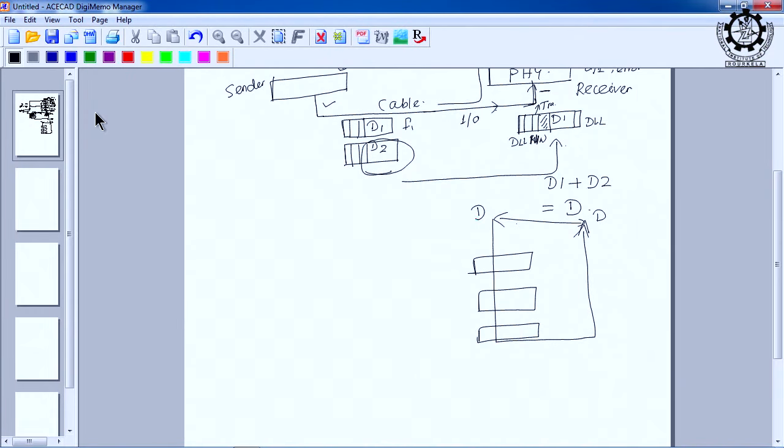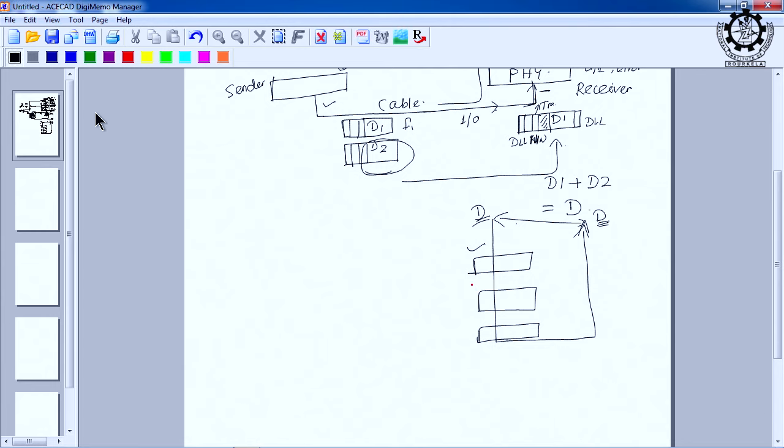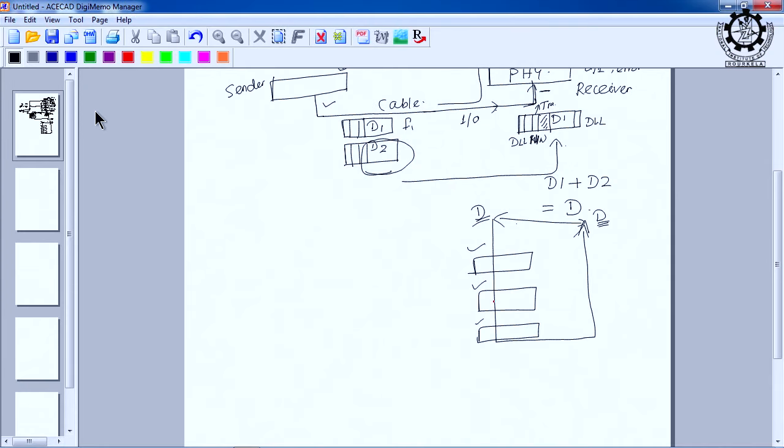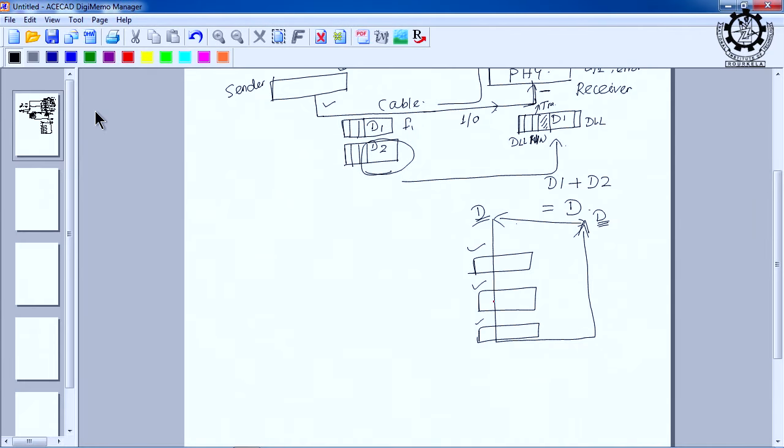If this D and this D do not match, that means there is a problem somewhere in one of the layers that has not done its job perfectly or efficiently, for which you are not getting the original data that was supposed to be received by the receiver. That is your data transmission and the job of the different layers in the OSI model.